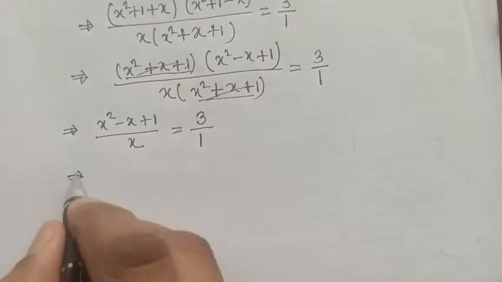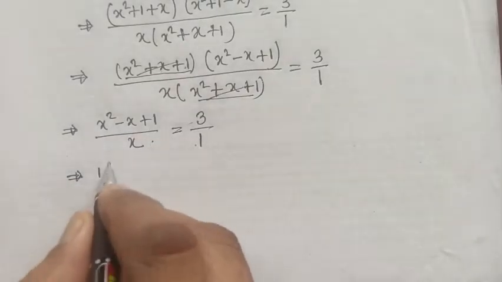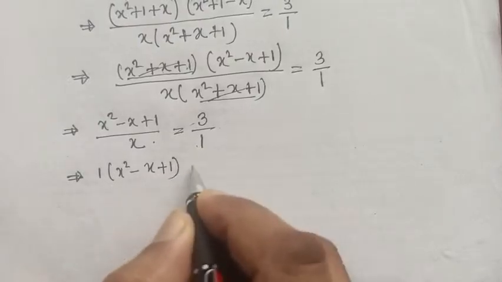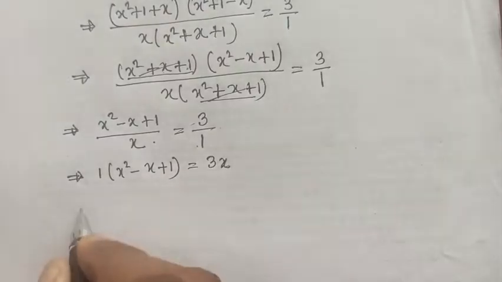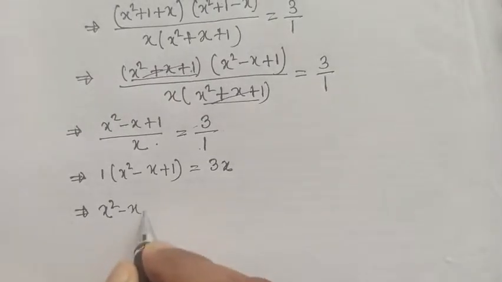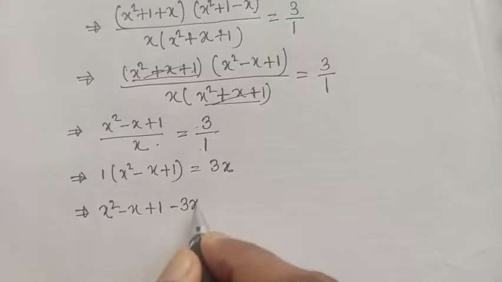So if you multiply that into x and 1 into that, this expression will be like this: 1 into x square minus x plus 1 equals 3x. Multiply by x plus 1 and move this 3x to the left hand side.